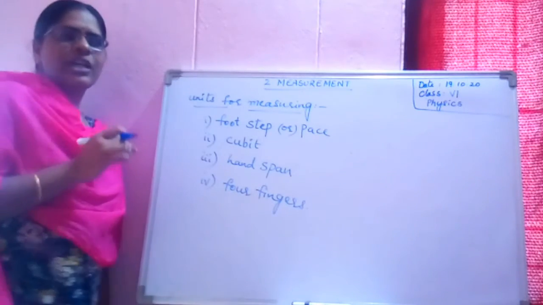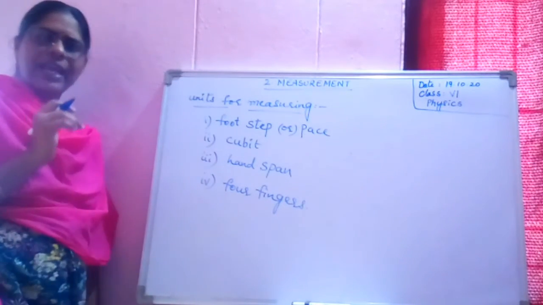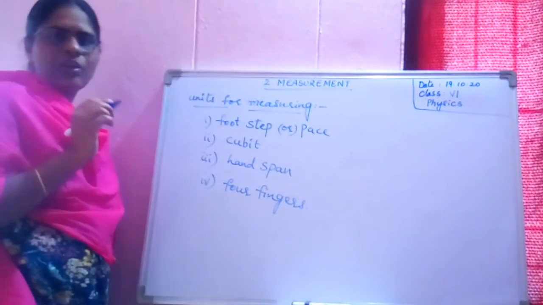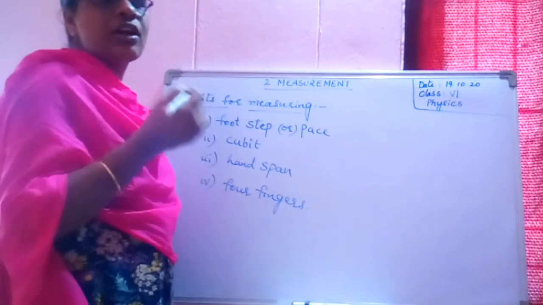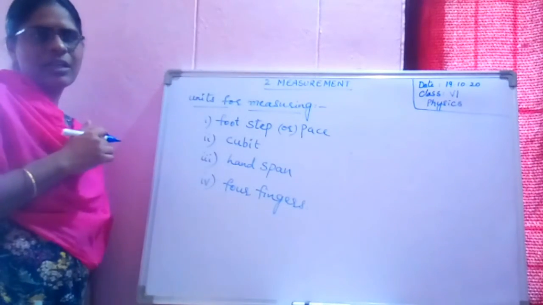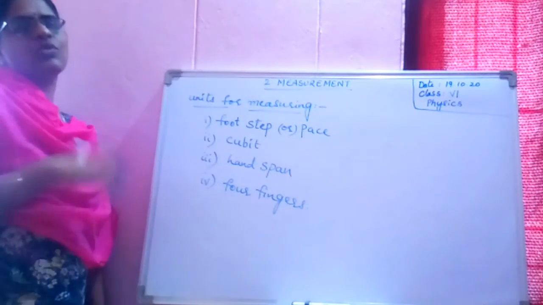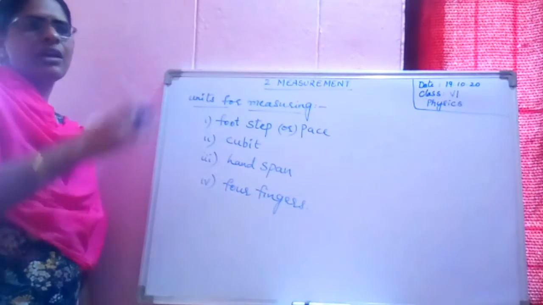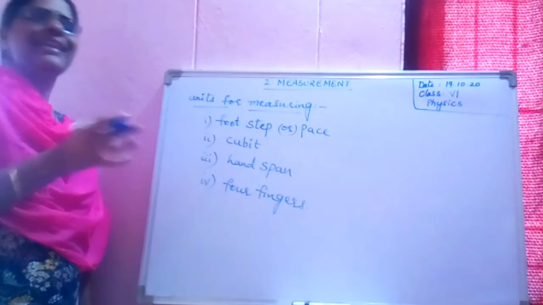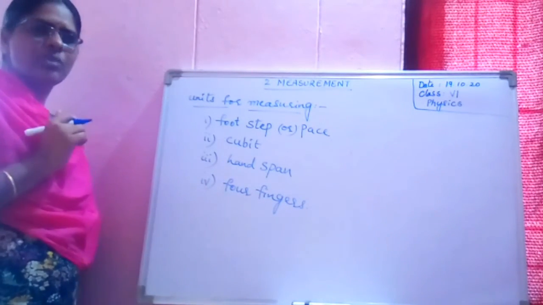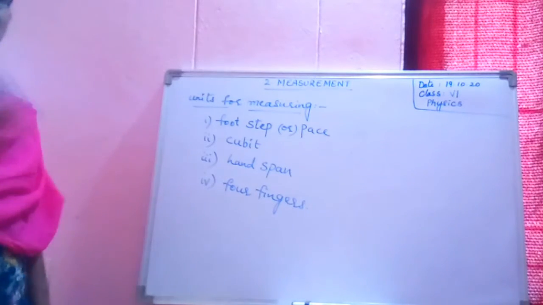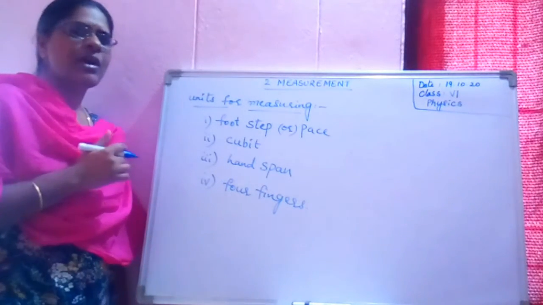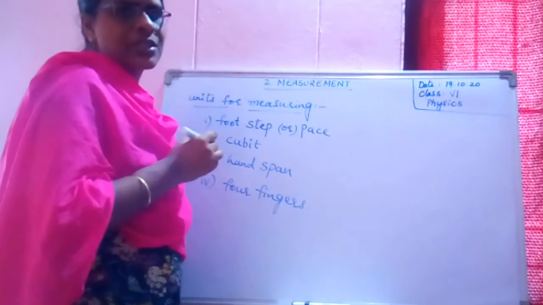Footstep, by using your legs. Foot means where do we have? Our legs only. They will be placing them on the ground and finding out how many footsteps there are. See, if I want to find the length of the room, first I start from one corner of the room, counting my footsteps.